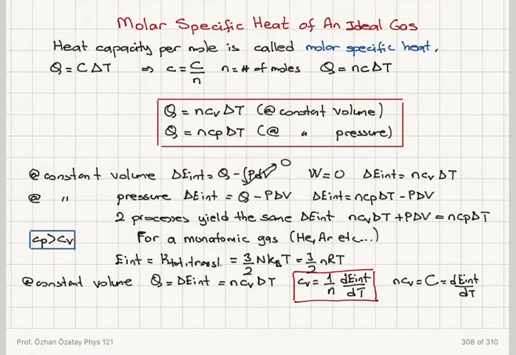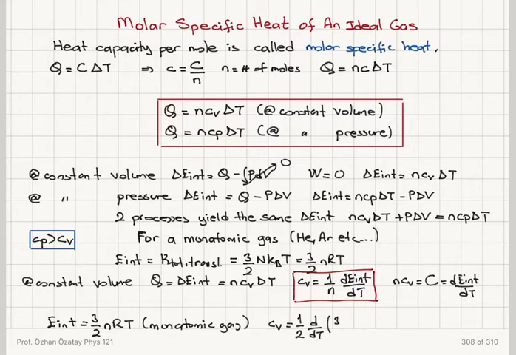We have, since E internal is equal to 3/2 nRT, monatomic case, I have Cv is equal to 1 over n d/dT of 3/2 nRT.